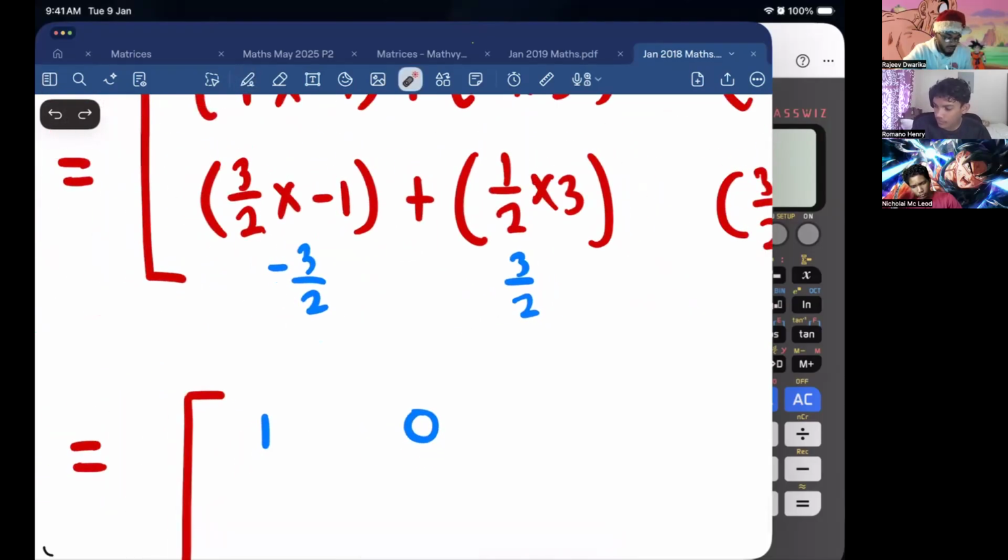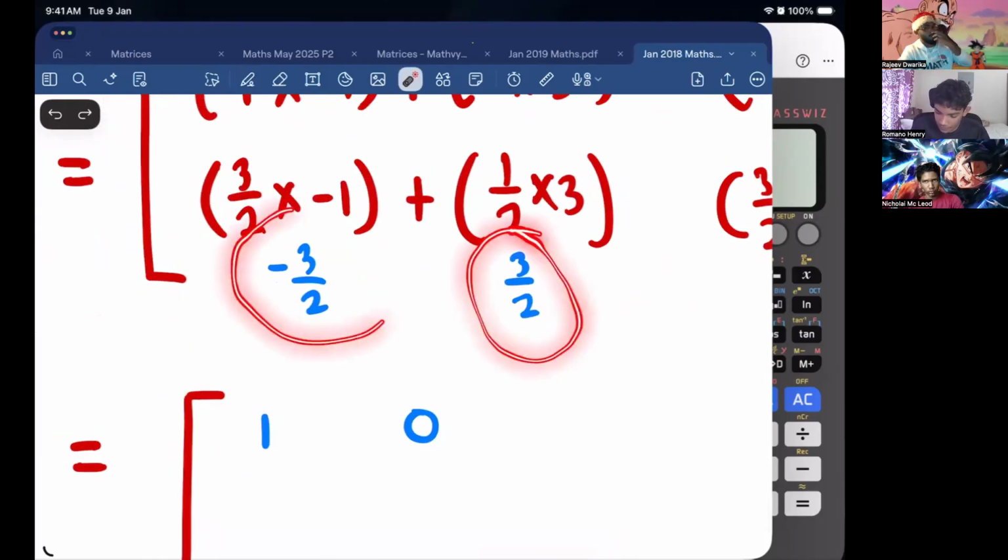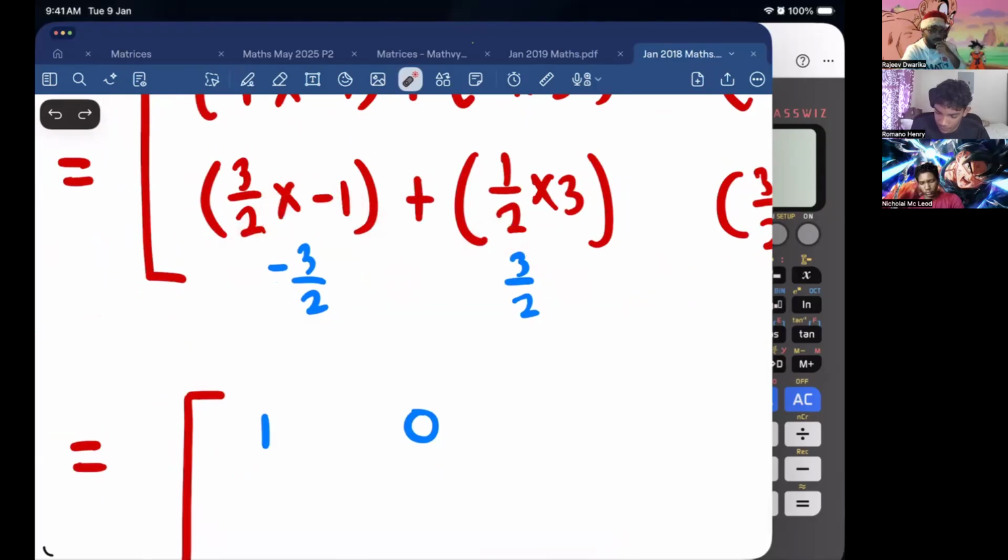Think about that question. What is the opposite of 3 over 2? Negative 3 over 2. So if they combine, what happens? Now, think about it like this. If you have hot water and you put cold water in the hot water, what happens to the temperature of the water? It will turn to neutral, right?